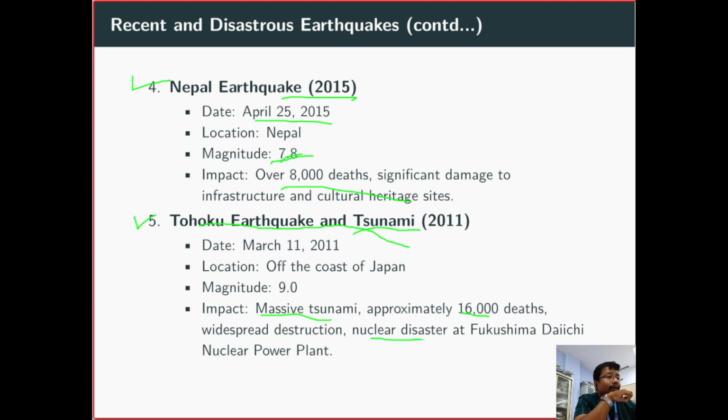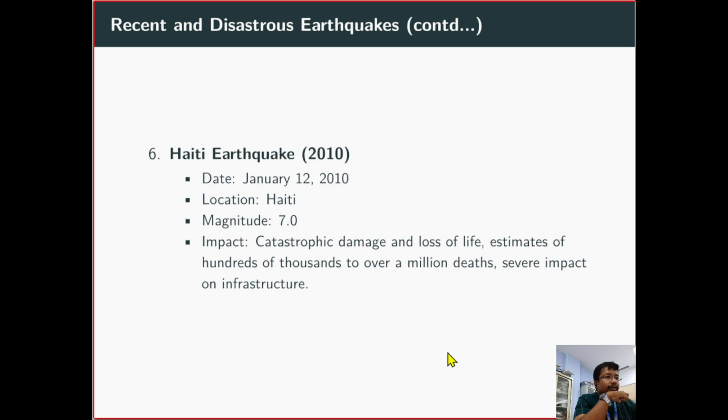One nuclear disaster also happened at the Fukushima Daiichi nuclear power plant due to this earthquake. So next, again in Haiti in 2010, one earthquake occurred and the magnitude was 7.